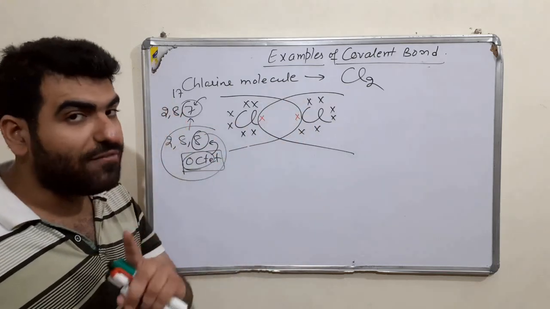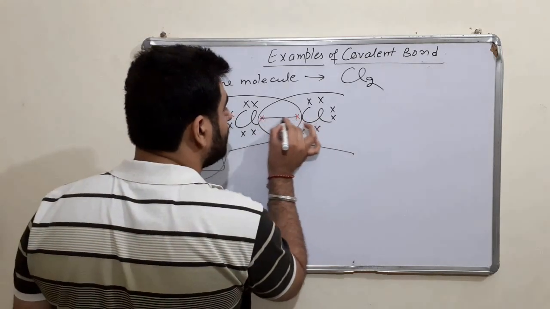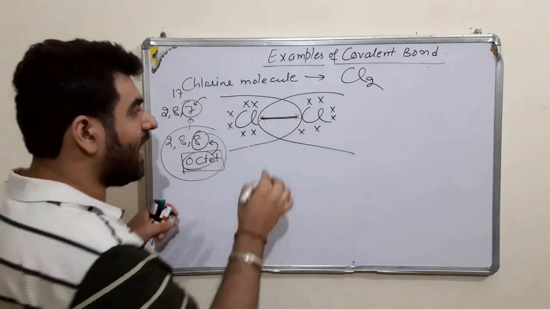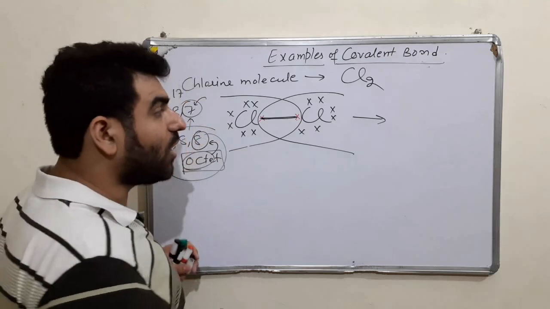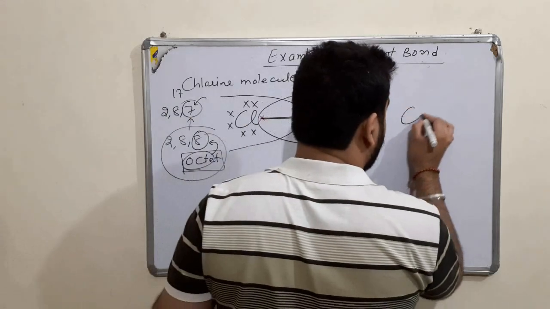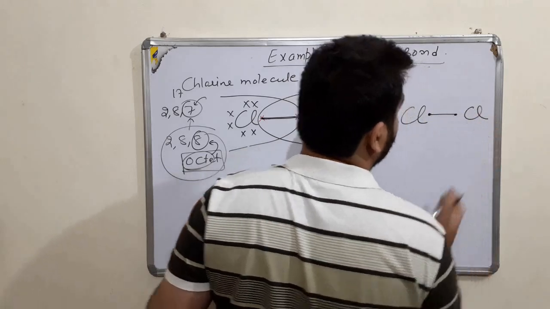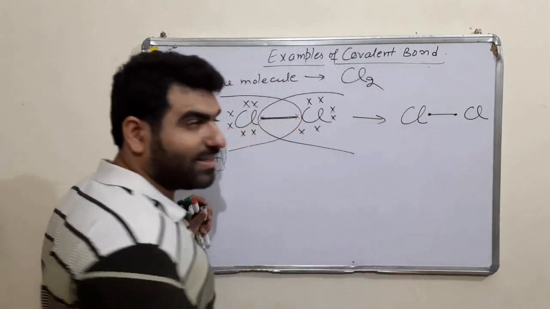So this leads to the formation of a bond between these two atoms. After this, what do we write? We will say chlorine and chlorine, they are bonded like this.